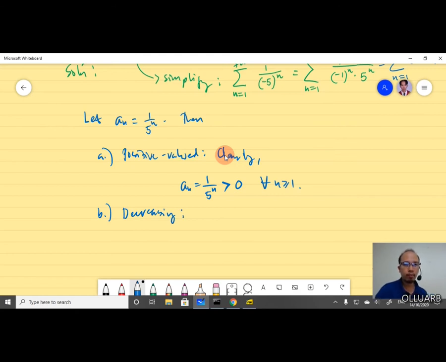For decreasing, I guess the third method is much easier to use.